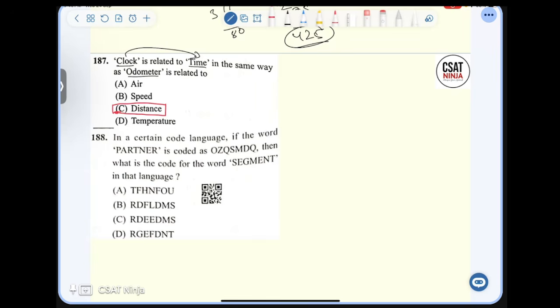So now, next same thing here. Before going to this one, I'll just give you an idea. Whenever you see coding decoding based on alphabets, what I'll suggest is you can write this way.